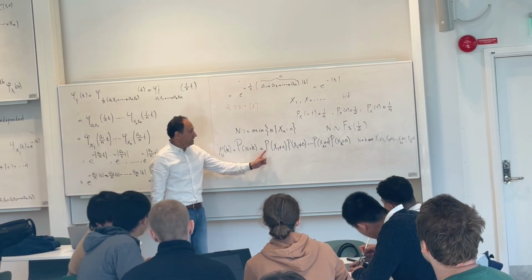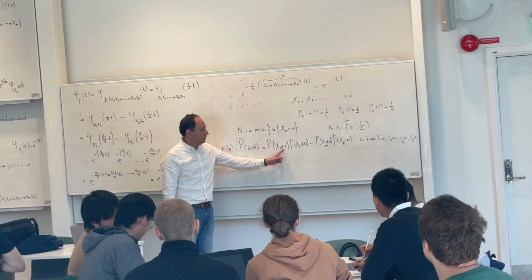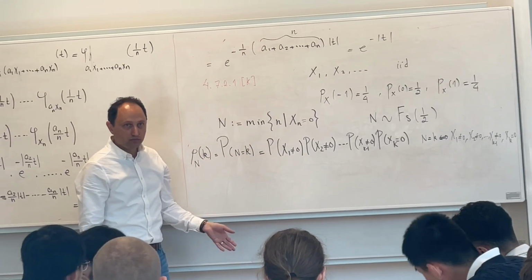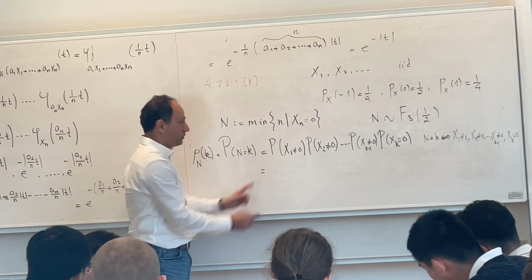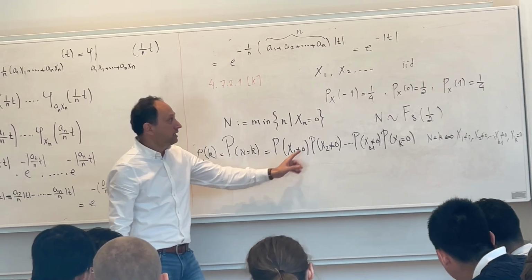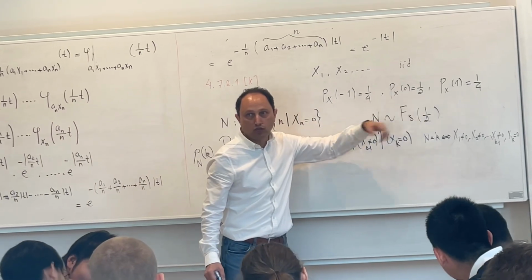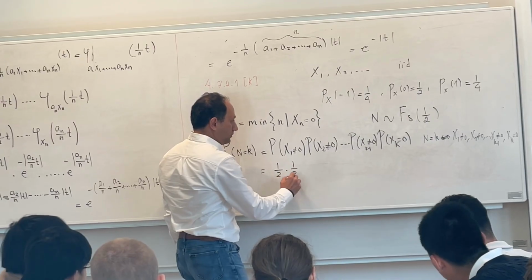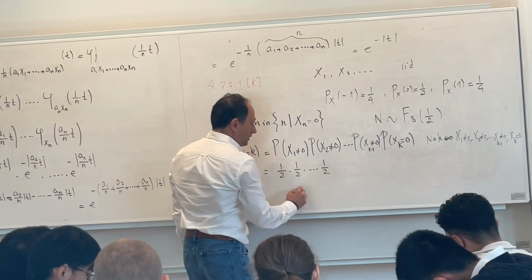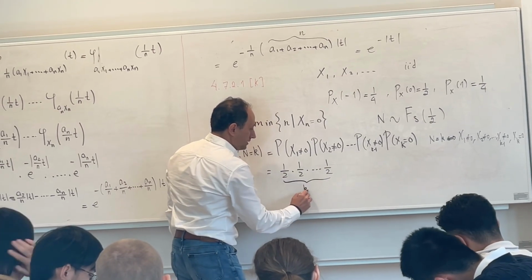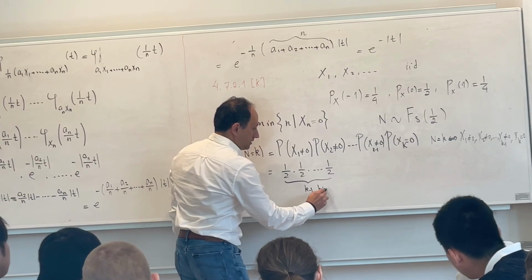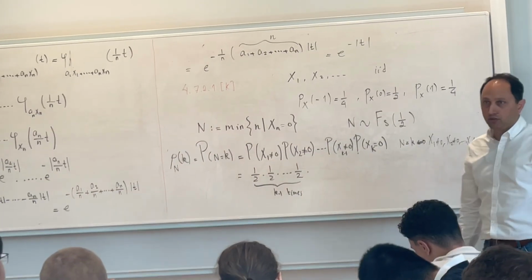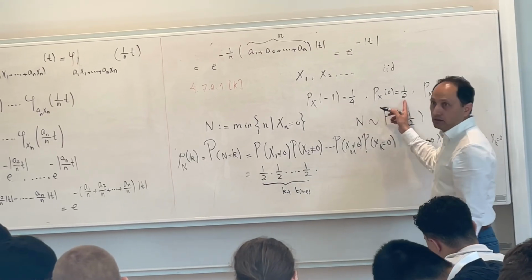But the probability of x1 not equal to 0 is 1 minus the probability of x1 being 0. So let us do it in our head to save time. What's the probability of this one? To be 0 is 1/2. Not to be 0 is also 1/2. So this becomes 1/2 multiplied by 1/2 multiplied by 1/2, k minus 1 times, but multiplied by the probability of the last one being 0, which is again 1/2.